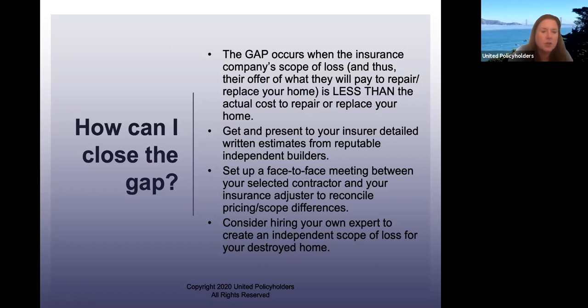If I build a home on my property, this is Freda, and I rebuild the home at half the size, can I still get my 150% plus upgrades? The size of the house you buy or build has no bearing on how much you get, okay? And don't let your adjuster tell you that it does. So say, for instance, you have a 3,000 square foot home that burned on your property.